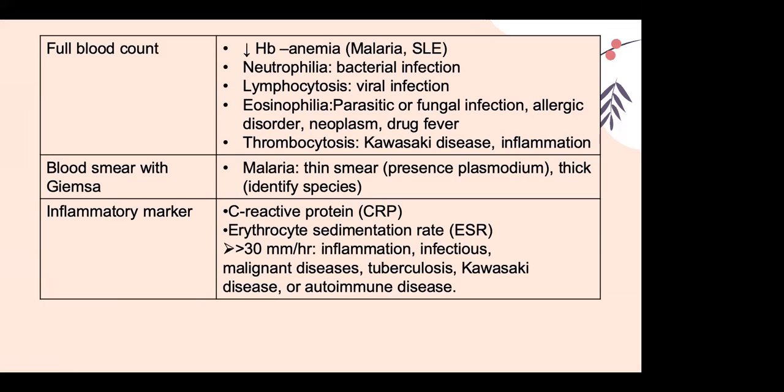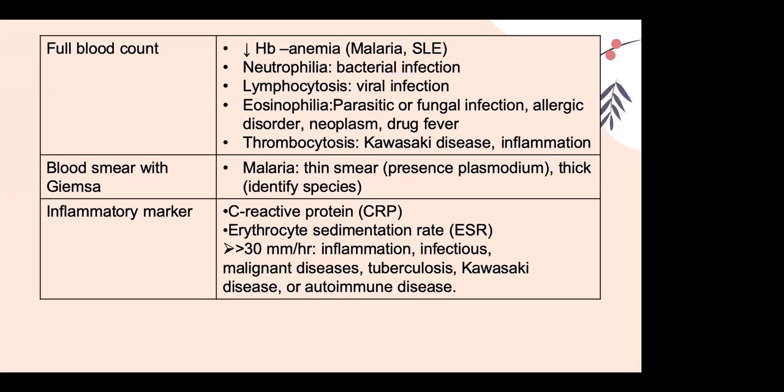The patient can have a high risk of anemia, such as in malaria, and also chronic inflammation. And then neutrophilia for bacteria, lymphocytosis for viral, eosinophilia for parasite or fungal infection. And then thrombocytosis is commonly high in Kawasaki disease, and it is also a non-specific marker for inflammation.